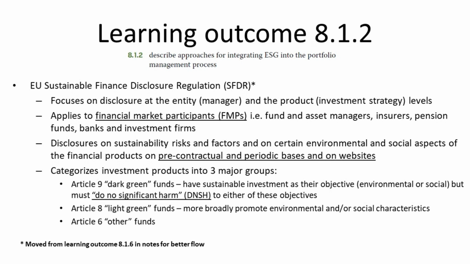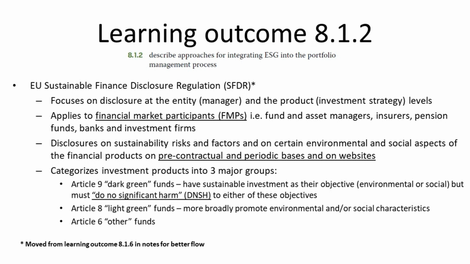For SFDR, the Sustainable Finance Disclosure Regulation, we actually touched upon this a bit under chapter 3. I hope you still remember this. SFDR focuses on disclosure at the entity or firm level and the product or investment strategy levels.